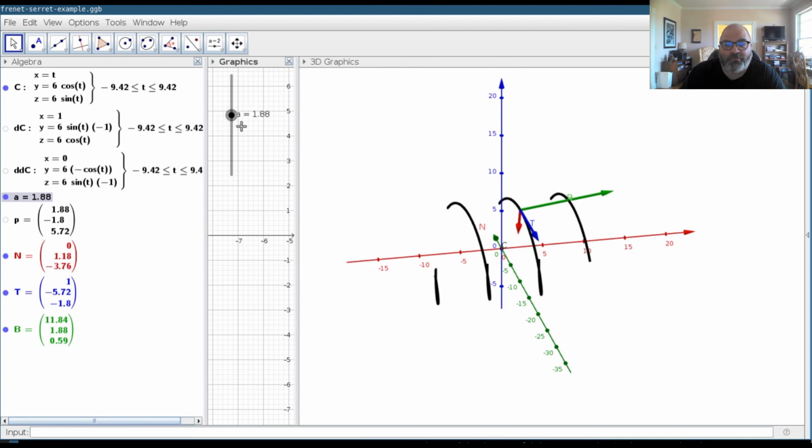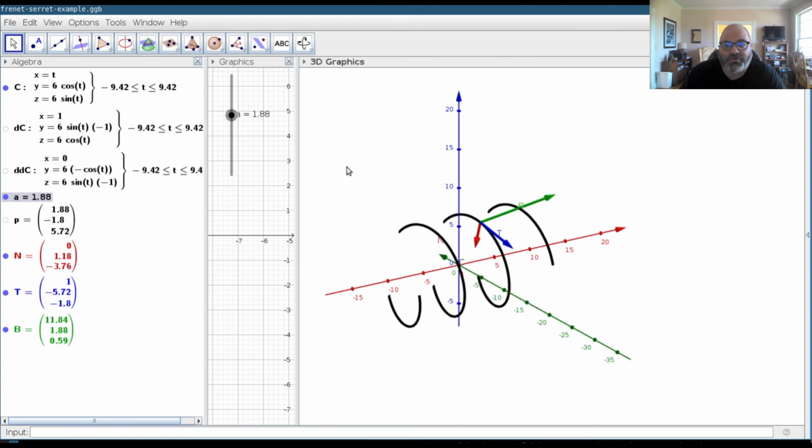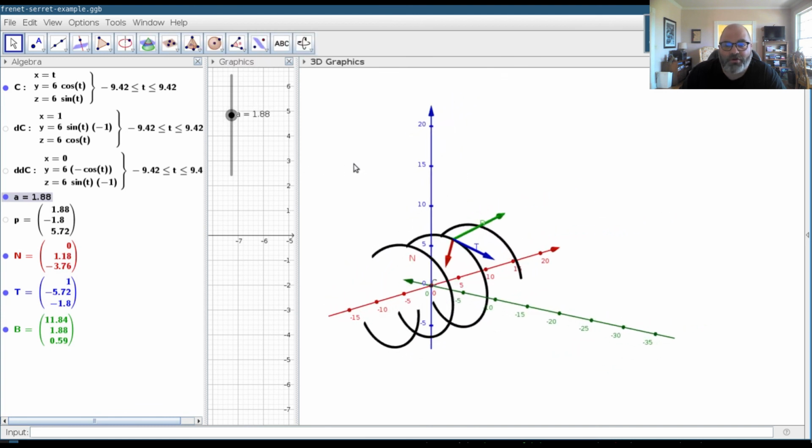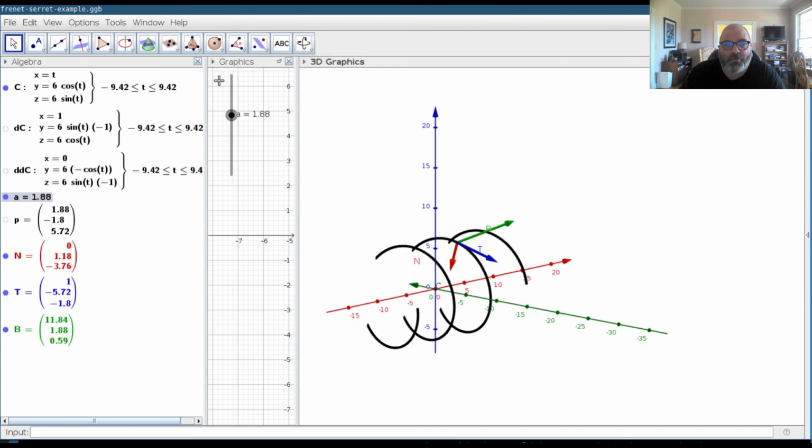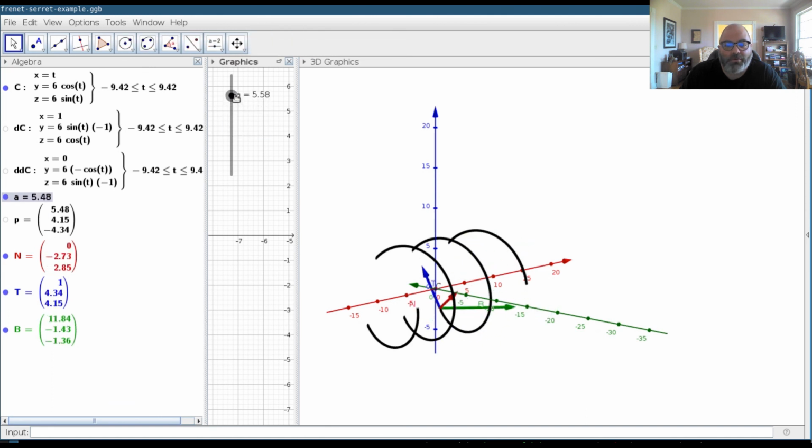Let's switch this so we can see a bit more of the curve and what's happening. Now let's move around our curve. We see that our coordinate system is changing as we're moving along the curve, but we can describe everything about that curve in terms of that TNB frame.